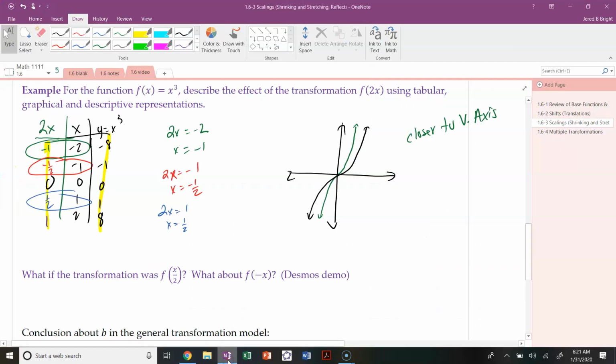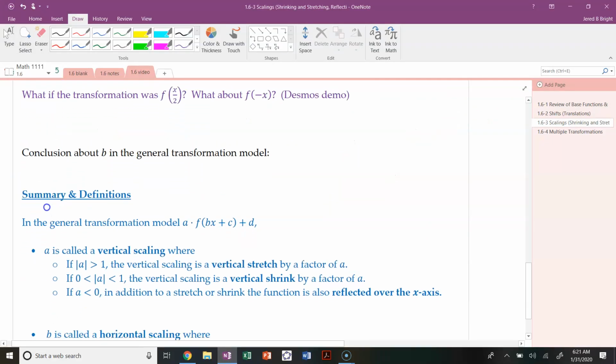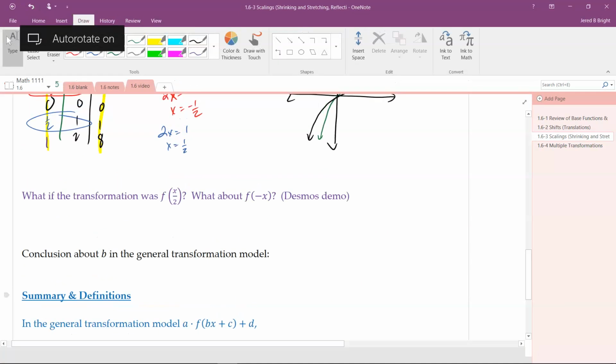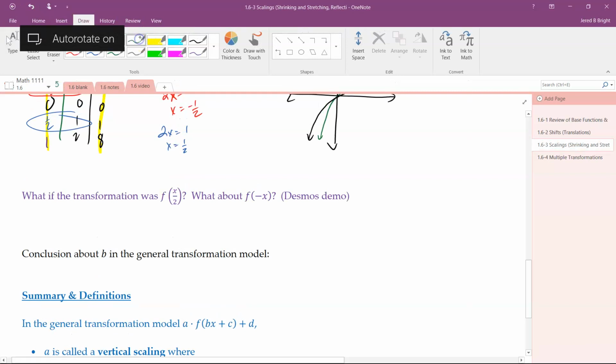So going back and summarizing here, what we can say about b is that we talk about b as a horizontal scaling. So that's the language that we use for this. And again, just as we did with verticals, there's three cases here.